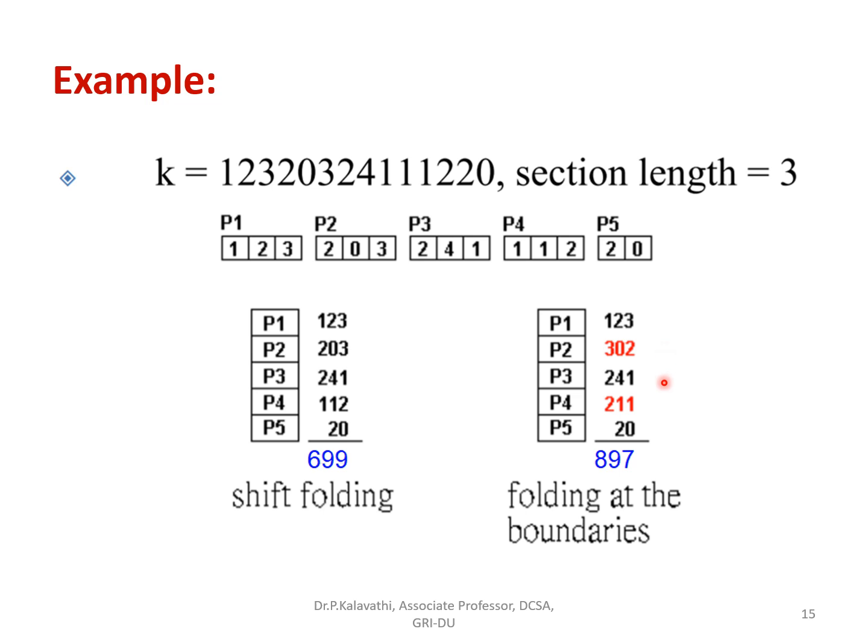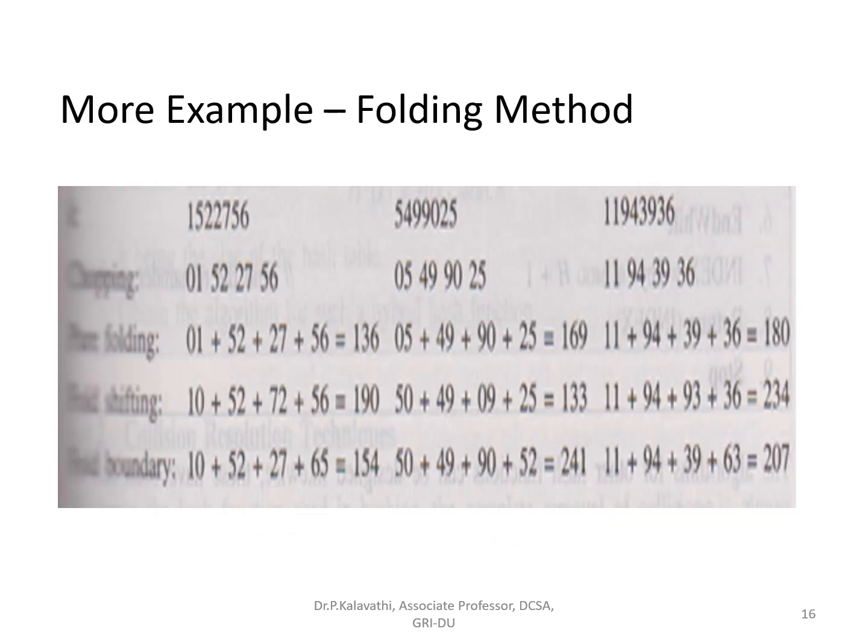Then the third is taken as such. The fourth is reversed, and we get 211, and the fifth is taken as such. When you do the same digit addition, we will get 897. This is the hash address for the value k using the folding at the boundaries method.